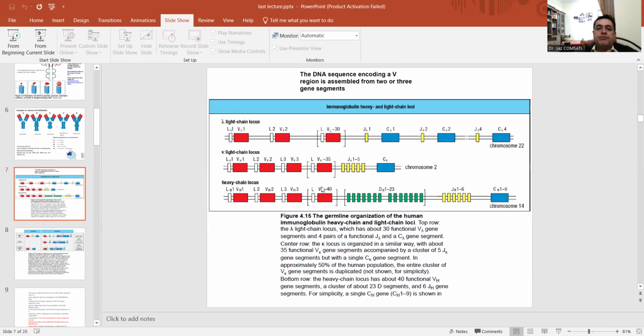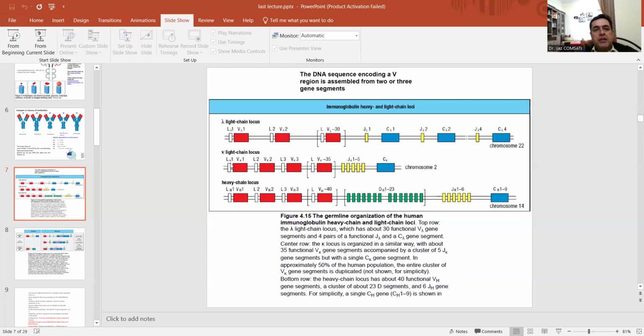variable segments that are present on chromosome 14, and they have to be brought together in order to code for this variable region of the heavy chain. And there are about 23 diversity sequences, about six joining sequences, and about nine constant region sequences that have to be recombined with each other in order to code for this heavy chain peptide.